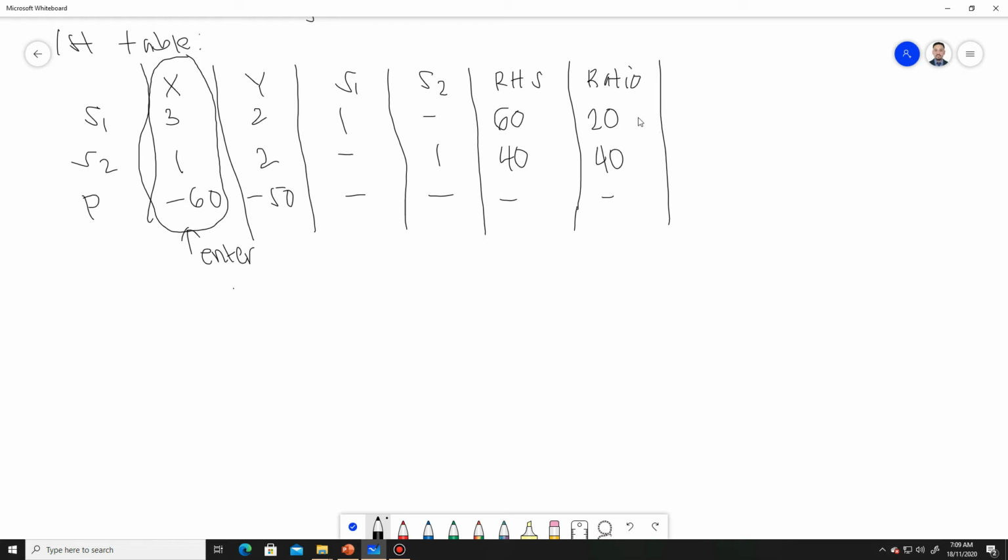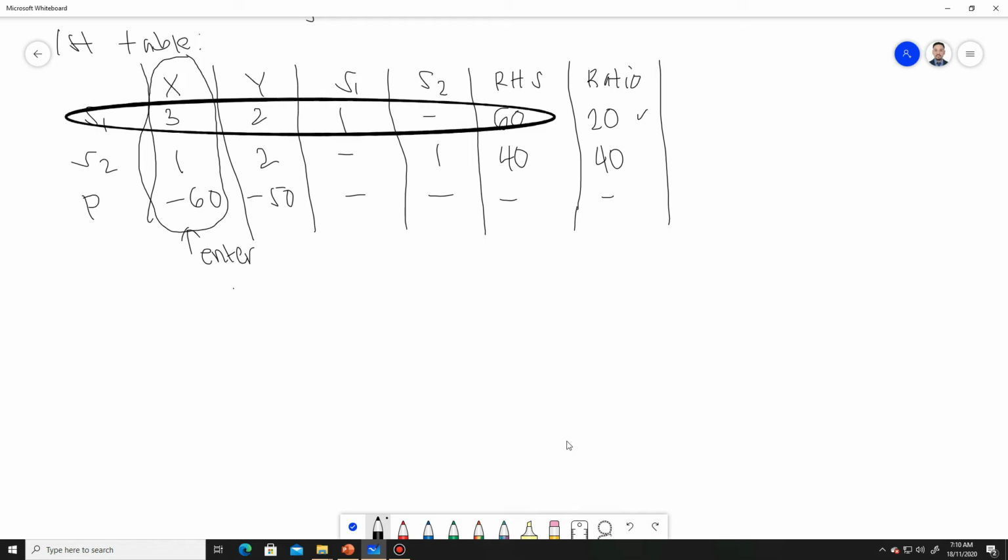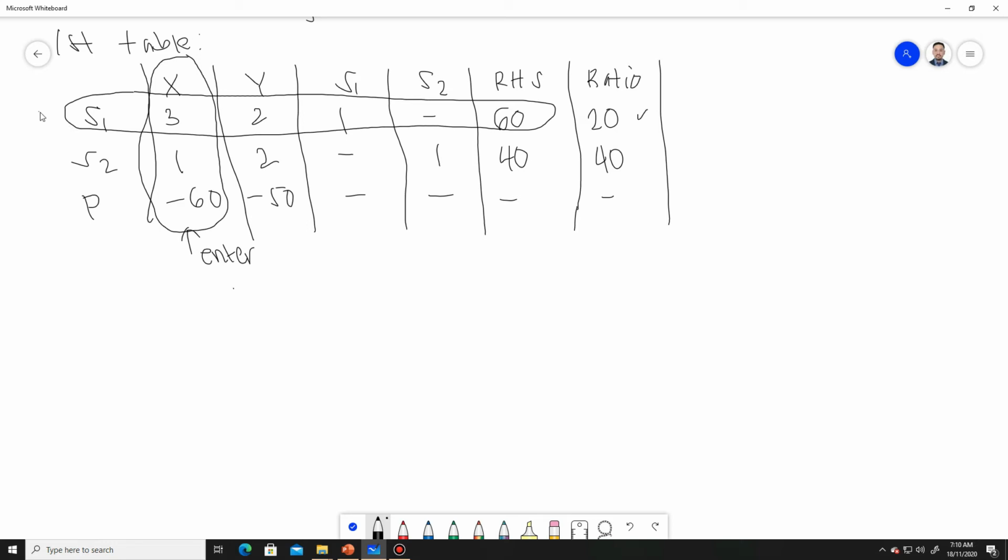Okay? Here, we take the lowest non-zero and non-negative value. So, the lowest is 20. Let's circle it. This will be the leaving variable. So, S sub 1 is the leaving and X is the entering.